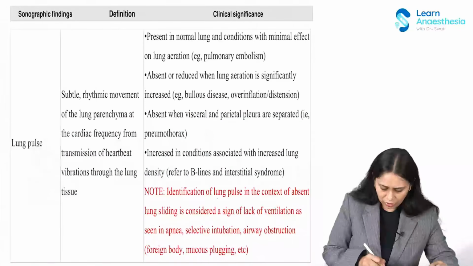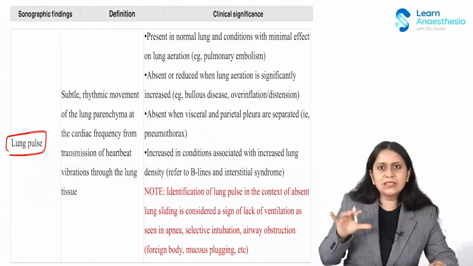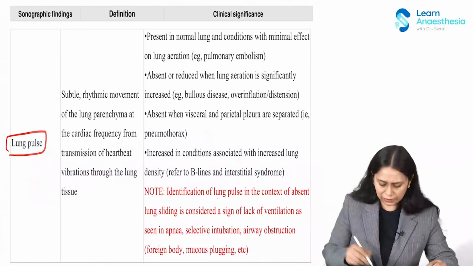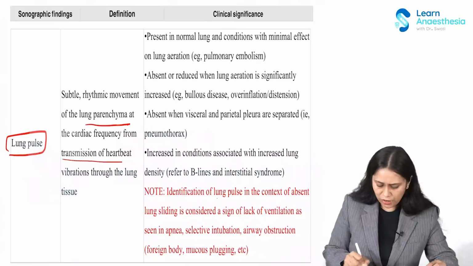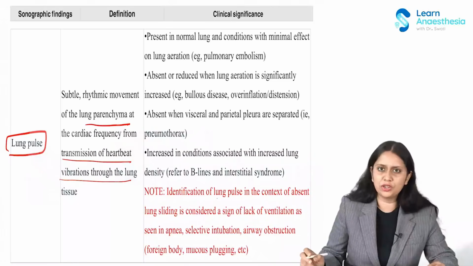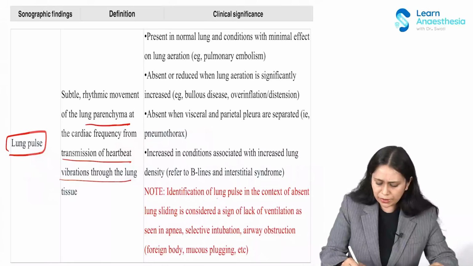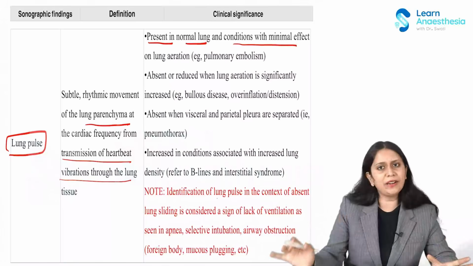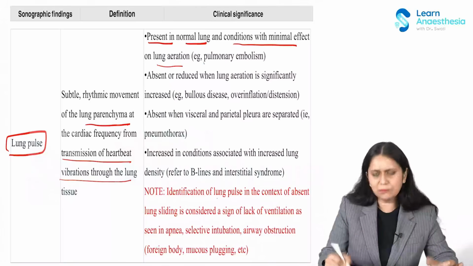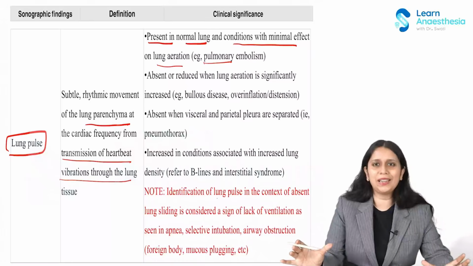Okay, then something called lung pulse, which I talked about, which is a subtle rhythmic movement of the lung parenchyma at cardiac frequency, from transmission of heartbeat vibration through the lung tissues. This will be present again in a normal lung and in conditions which minimally affect the aeration of the lung, as in pulmonary embolism, where the aeration of the lung is not getting affected.